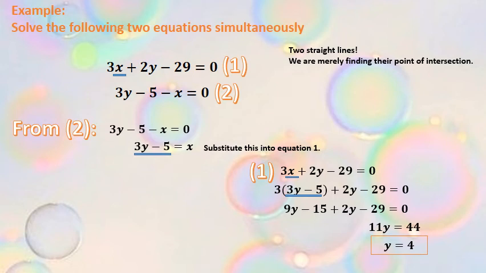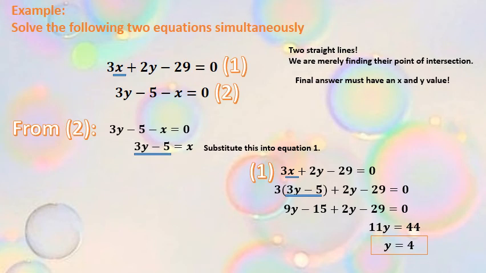How easy is that? Now remember that if we are solving simultaneous equations, the number of variables we're solving for matches the number of equations we are given. We have been given 2 equations over here, yet we've only found a value for y. So we actually still need to find a value for x.